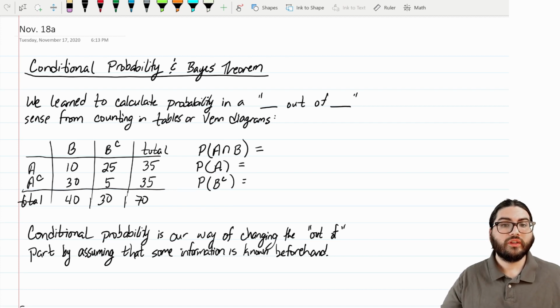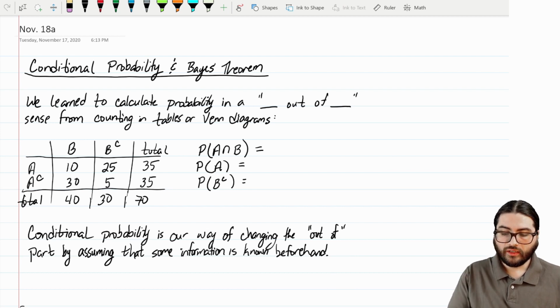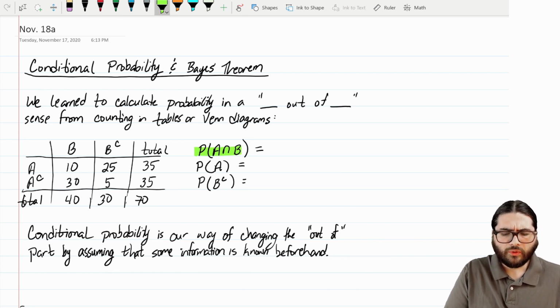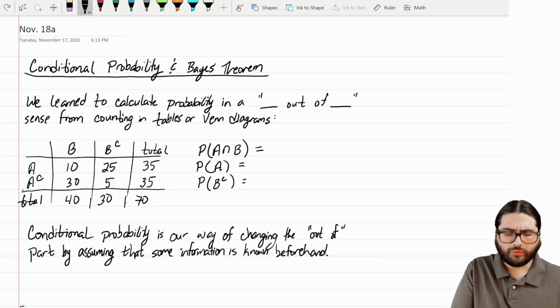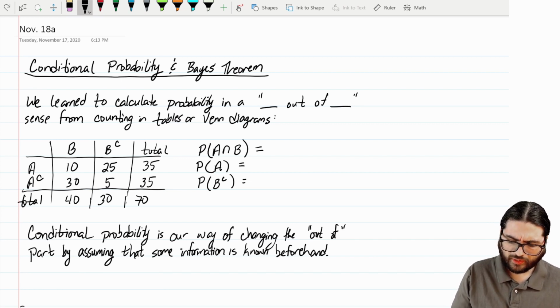I've given a table here on my first slide. We can still look at this. For example, I've given a table form of a Venn diagram here, and I've asked to calculate the probability of A intersection B. Well, those are the ones that are in both groups at the same time. Looking at my table, it appears that there are 10 in both groups at the same time.